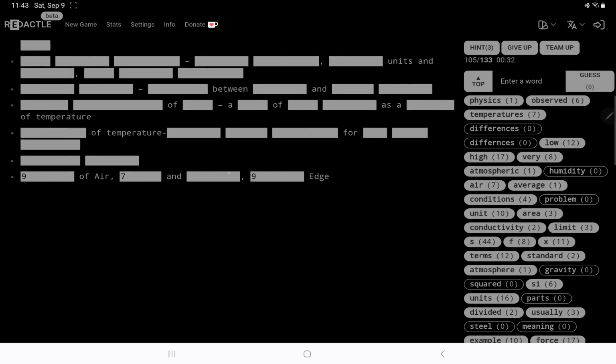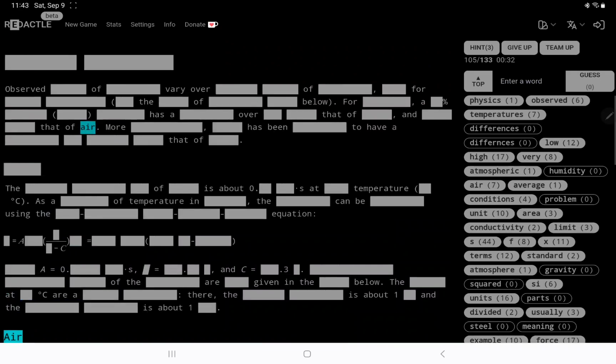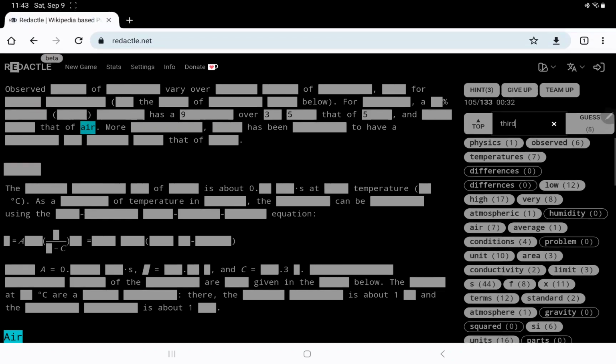Who's that? And something. Microsoft Edge. The Edge from U2. But air has a blank over 1/3. No. That of 5. And 5, 5. And twice.